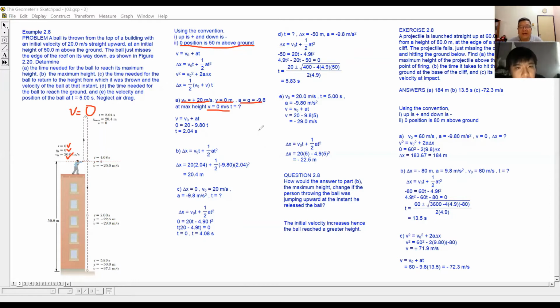So what is the equation relating all these quantities, V, V naught, a, and t? Yes, the first one. So I substitute all the values that I have listed out into the first equation.